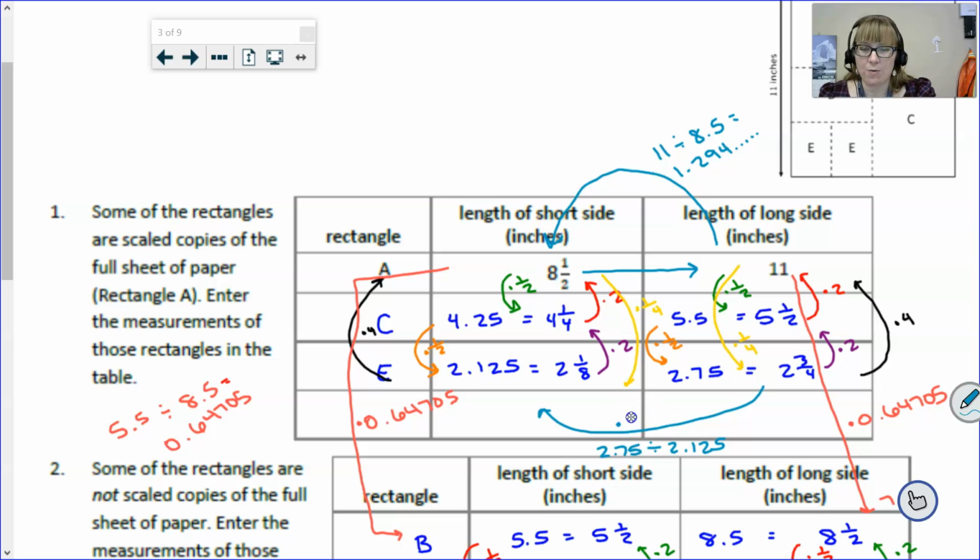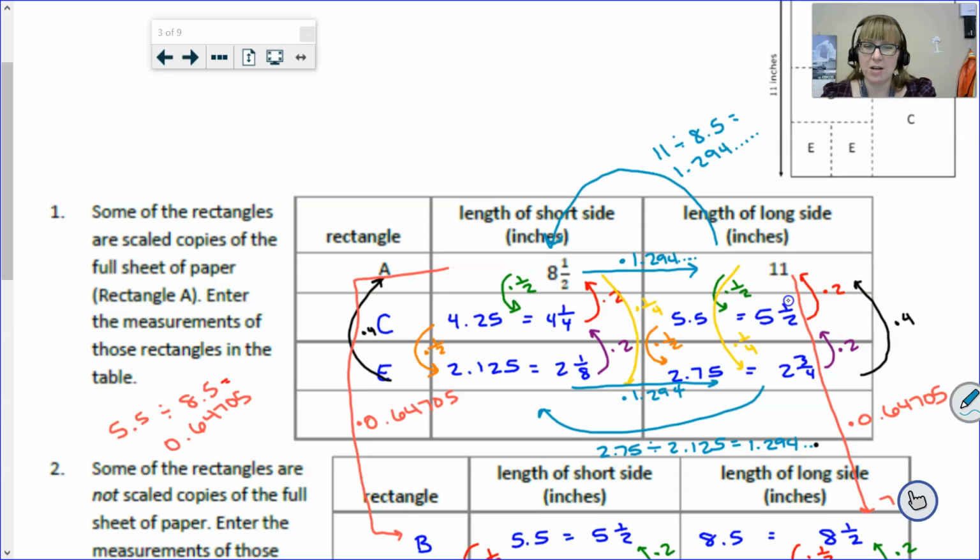Again, that means that when I go forward, I'm going to be multiplying by 1.294. I did put that in the wrong spot though. It's equal to 1.294... So when I go forward, that means I'm multiplying by that 1.294... So again, going forward here, I'm multiplying by 1.294.